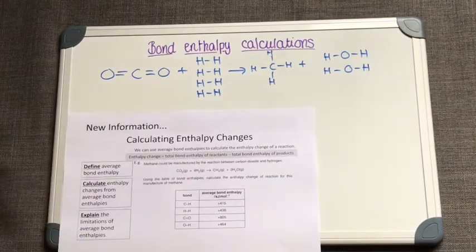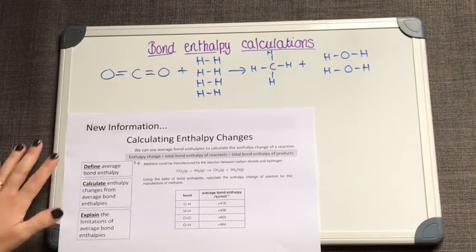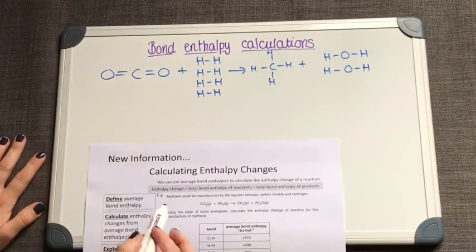And you can see this immediately makes it much easier to see what type of bonds we've got being broken and being made. So I'm going to be using this equation here.